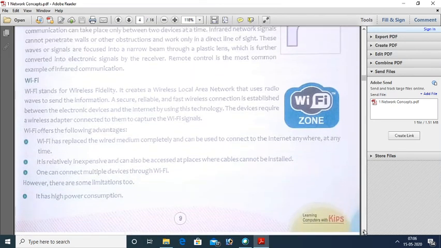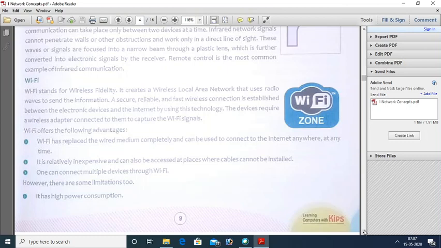Now we discuss Wi-Fi technology. Wi-Fi stands for wireless fidelity. It creates a wireless local area network that uses radio waves to send information.